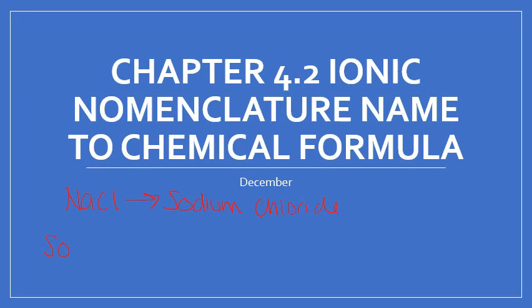We're going to be going from the name into the chemical formula. So this is the process that we will be taking today for ionic compounds. For naming, we're going to go from the name into the chemical formula. All right? Okay, let's get started.